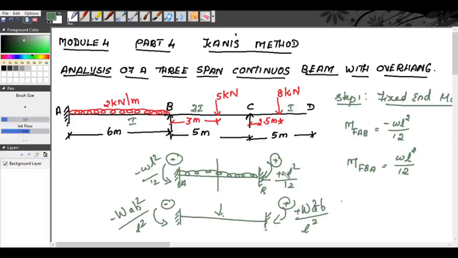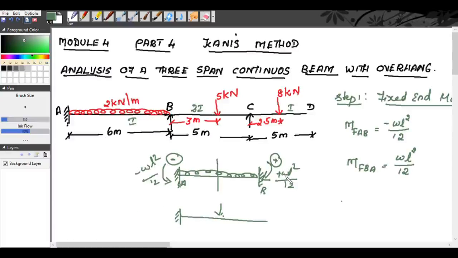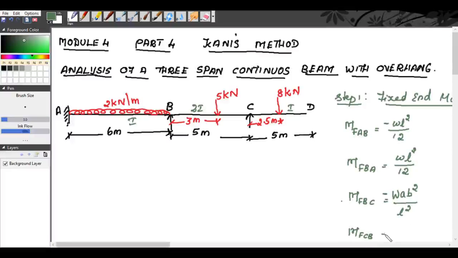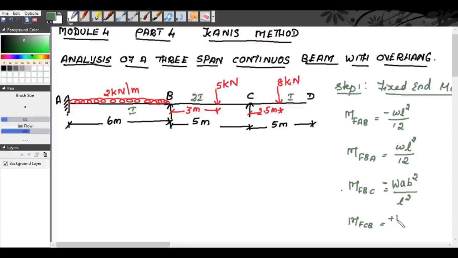So MFBC will be equal to minus WAB square by L square. MFCB will be equal to plus WA square B by L square.